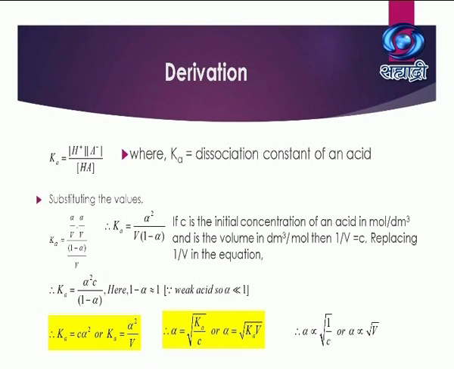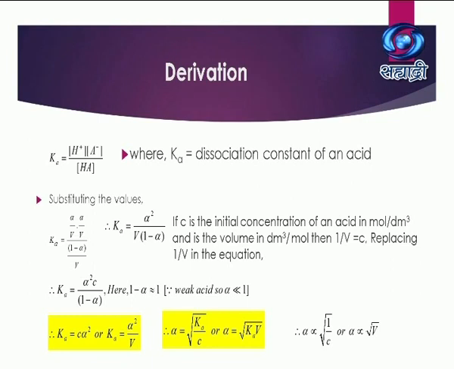Now from our previous table, let us substitute the values of these active masses. And so Ka is equal to alpha by V into alpha by V upon 1 minus alpha upon V. Upon simplifying, we will end up with Ka is equal to alpha square upon V into 1 minus alpha.